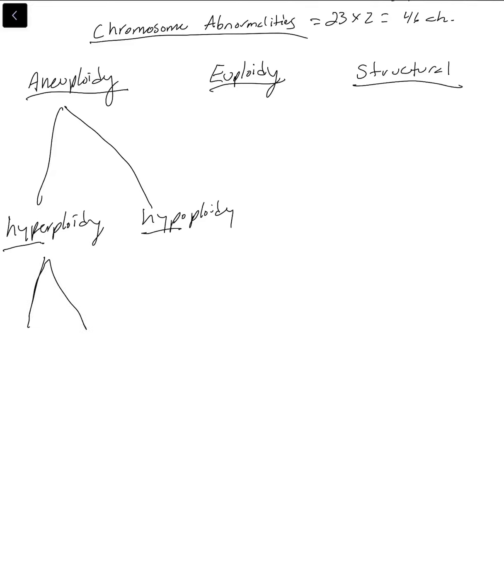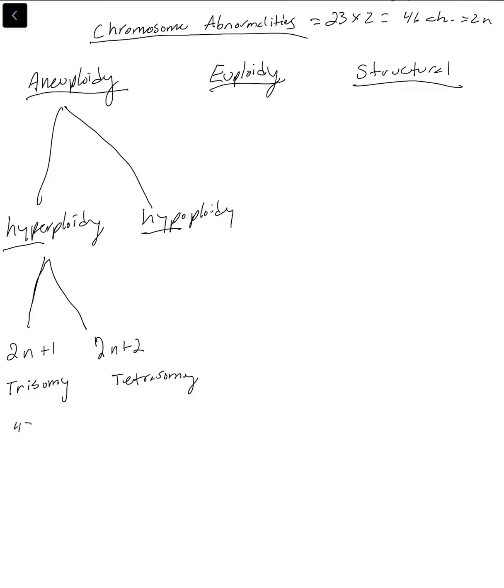We're going to have 2n plus 1, which is going to be our trisomy. And then we're also going to have a tetrasomy, so that's going to be 2n plus 2.